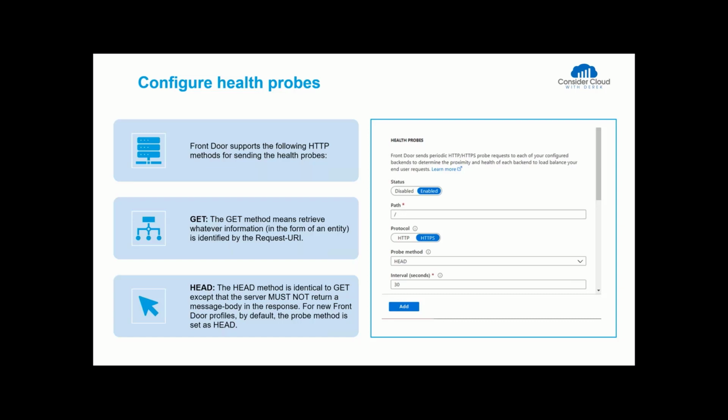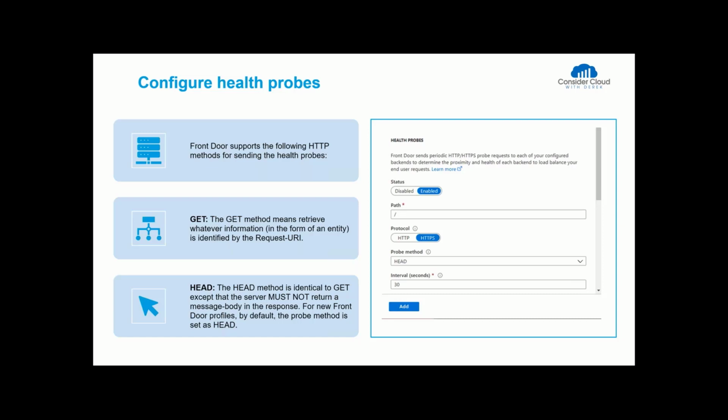Now, I touched on health probes earlier and the importance of this to your application as well as to the overall reliability that you see. The reason is we want to make sure that we're determining the health and proximity of each backend for your given Front Door environment.